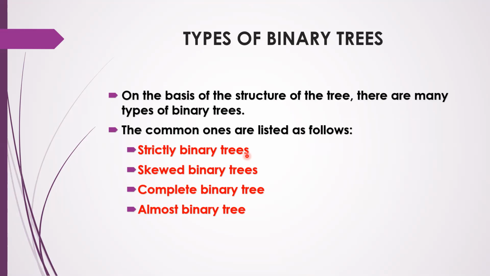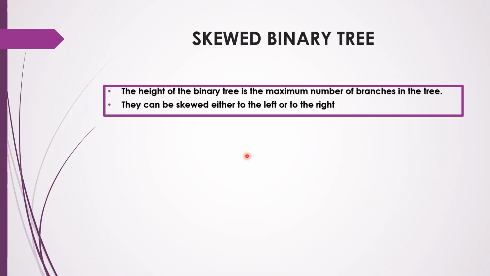And if you go to the skewed binary tree, it is biased on one side. The height is biased to one side, either to the right or to the left. The height of the binary tree is the maximum number of branches in the tree. If it is skewed either to the right side or to the left side, then it is called a skewed binary tree.